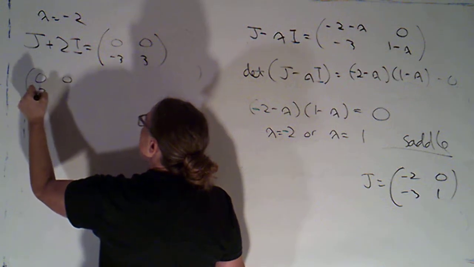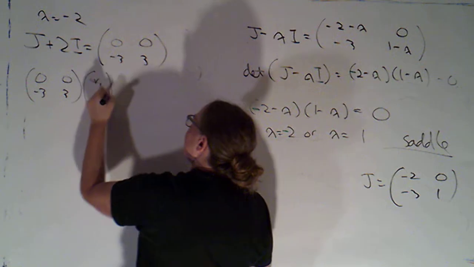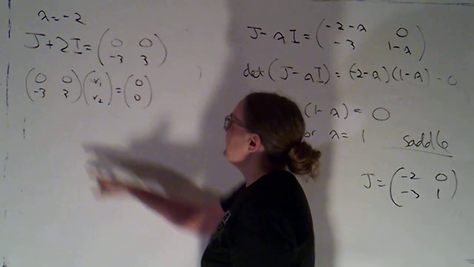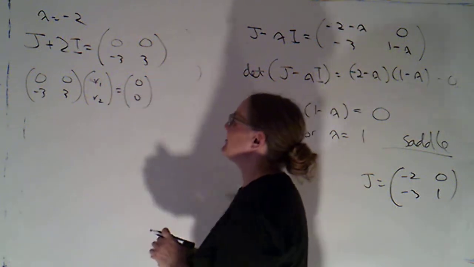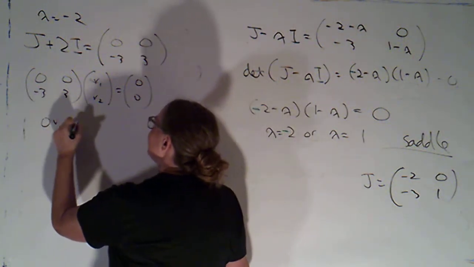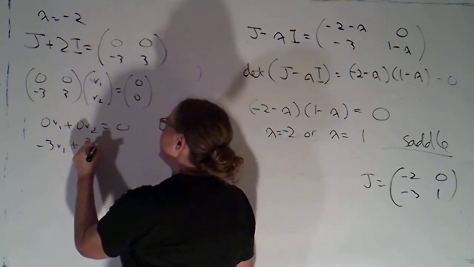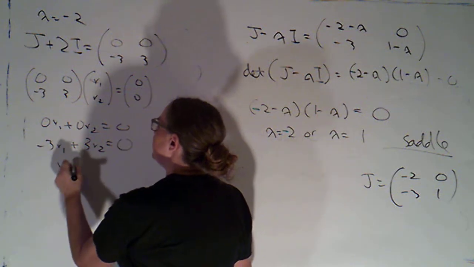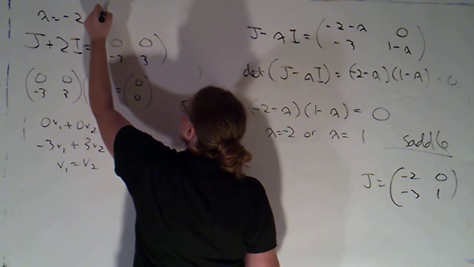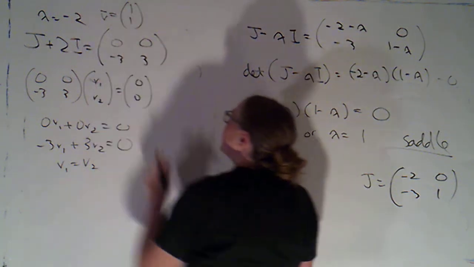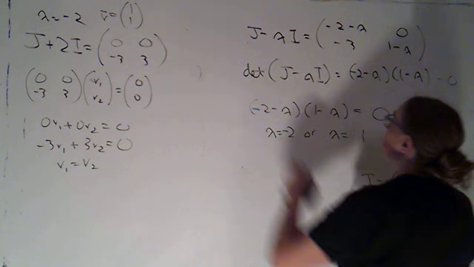So we're trying to solve this lovely system: this matrix times an arbitrary non-zero vector is going to be equal to 0. So I get 0 v1 plus 0 v2 equals 0. That's always true. Negative 3 v1 plus 3 v2 equals 0, so v1 equals v2. I'm going to just choose them both to be 1. So I will get 1, 1 is an eigenvector corresponding to lambda equaling negative 2.